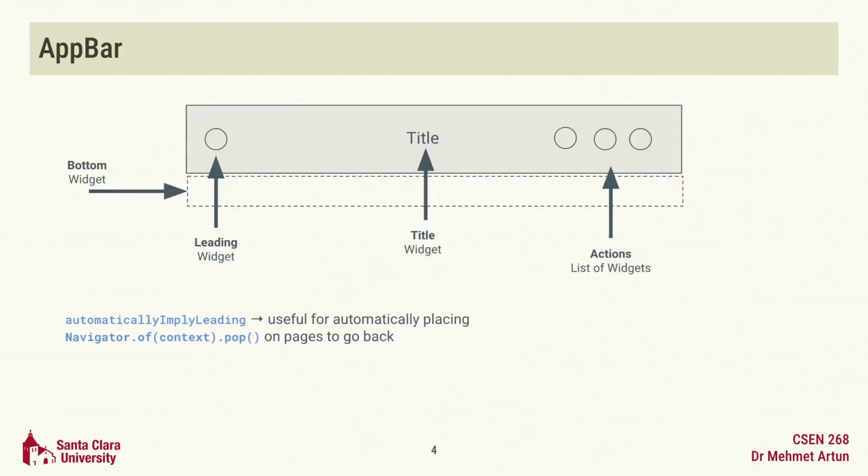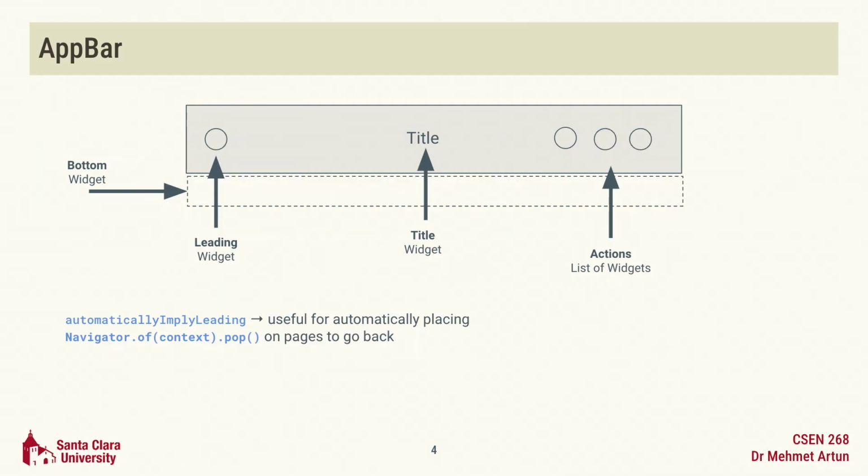Now, in the app bar, you have this property called actions. Okay, it's written small, but this property called actions is a list of widgets. For example, you can have here the person's avatar for user settings, and here you could have app settings, whatever.